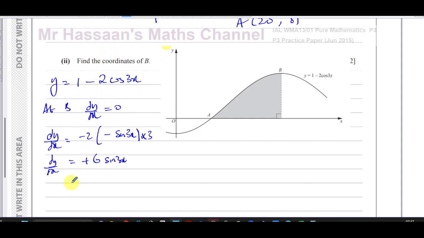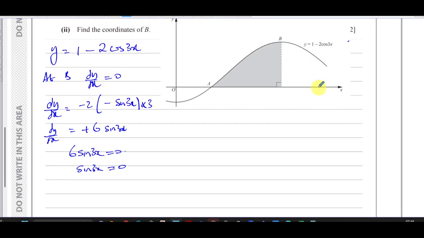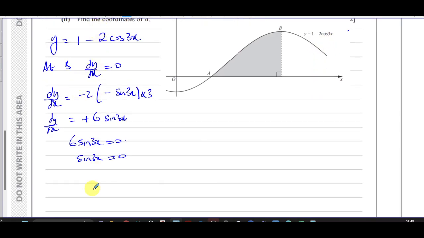Now we know that at the place where the gradient is equal to 0, that's where B is, so we can equate the gradient to 0. So 6 times the sine of 3x is equal to 0, which means the sine of 3x is equal to 0. Which means that 3x is either equal to 0, that's this point here, or it's equal to pi.